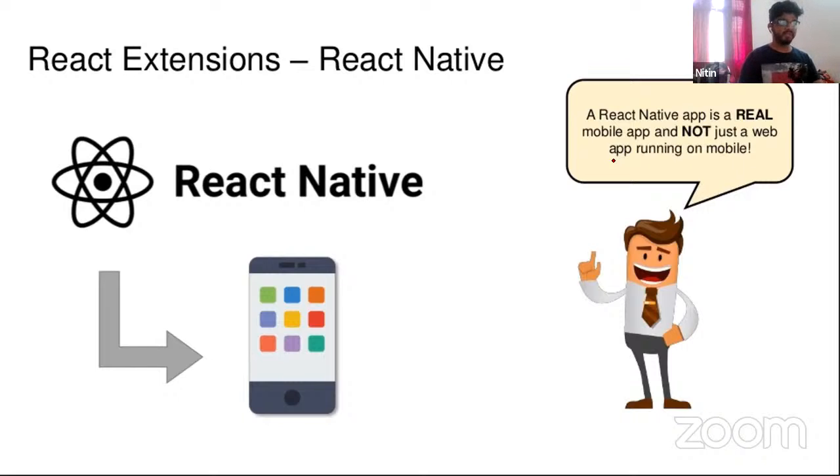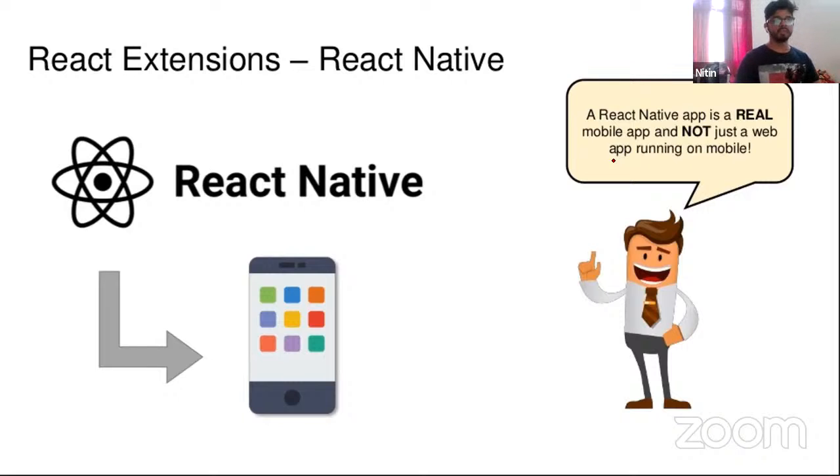Since we're using JavaScript, we have to use a bridge, something called a mediator or intermediary. Suppose you're going to visit Delhi, and you don't know anything about Delhi, so you need a tour guide. So that you have to use.